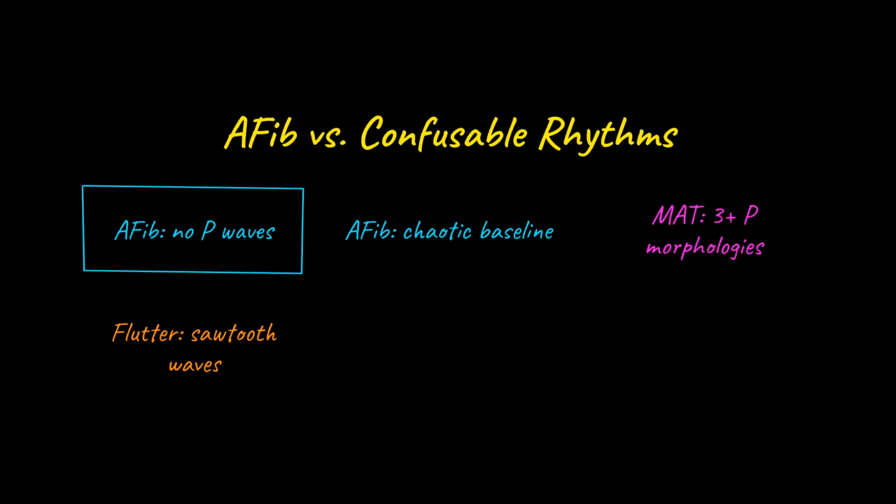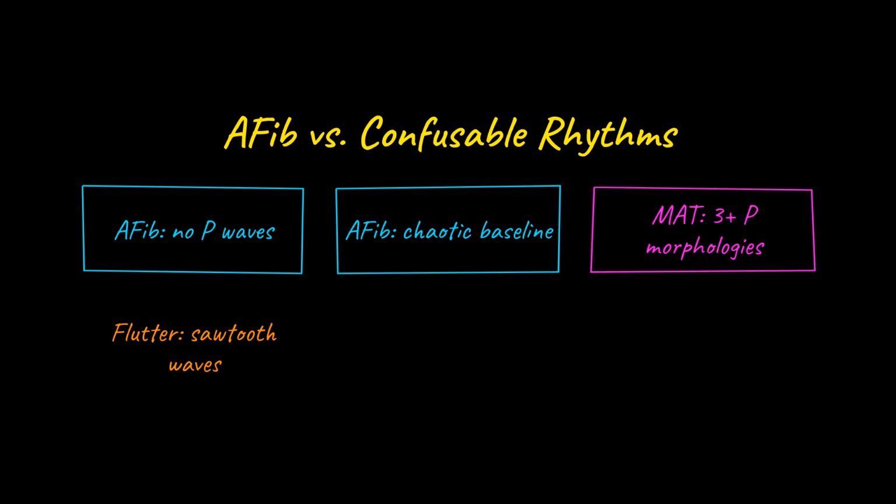The most common exam traps are multifocal atrial tachycardia and atrial flutter. Multifocal atrial tachycardia has visible, discrete P waves in at least 3 different morphologies. Atrial flutter has organized sawtooth flutter waves at roughly 300 per minute. Atrial fibrillation has no organized atrial activity of any kind.